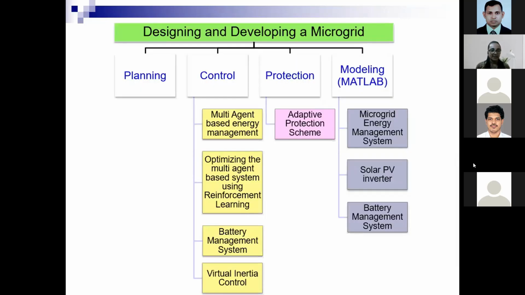A complete microgrid solution is an integration of microgrid planning, control, and protection. In our upcoming webinar series, we will discuss designing and developing a microgrid solution in detail together with microgrid modeling, mainly with MATLAB and other software as relevant.